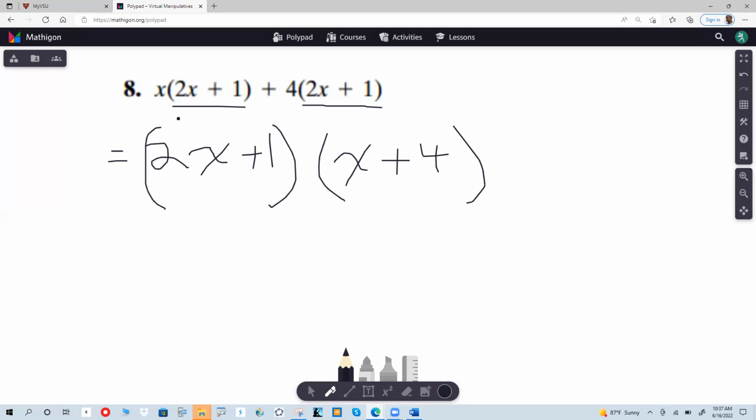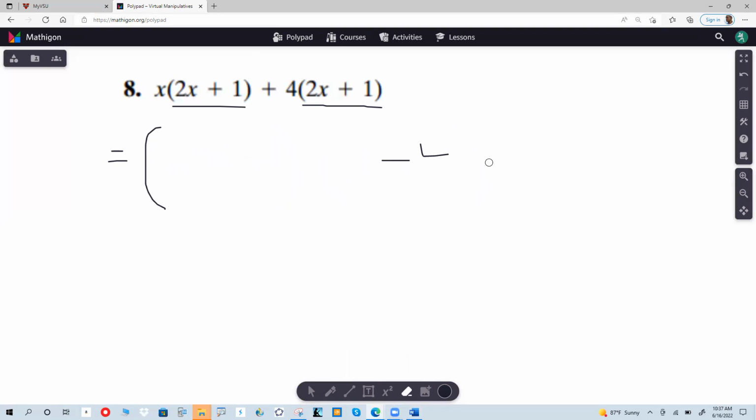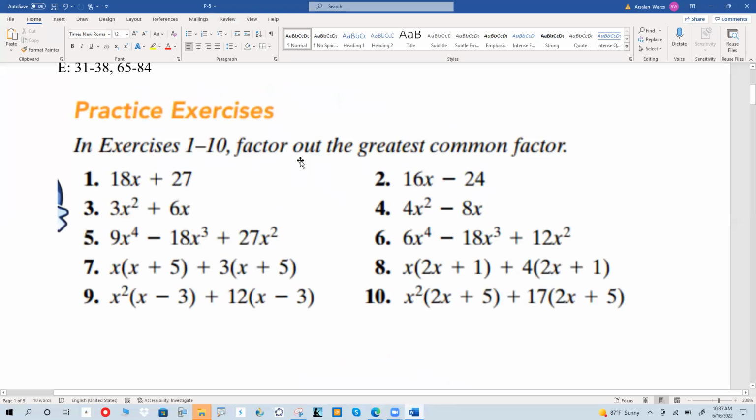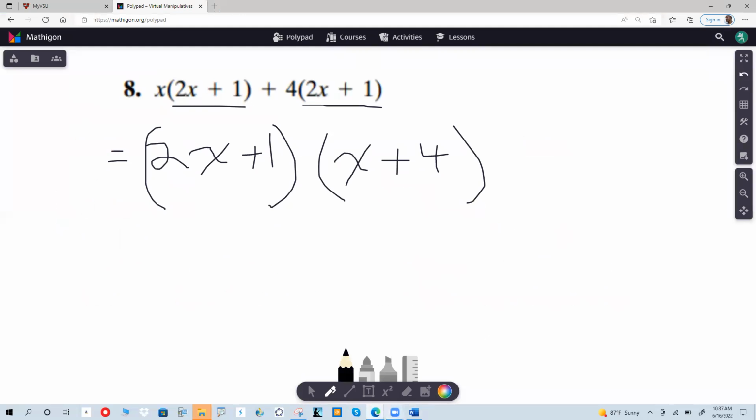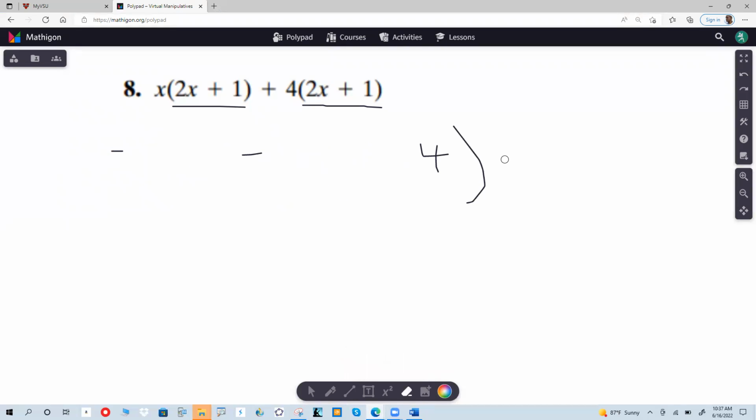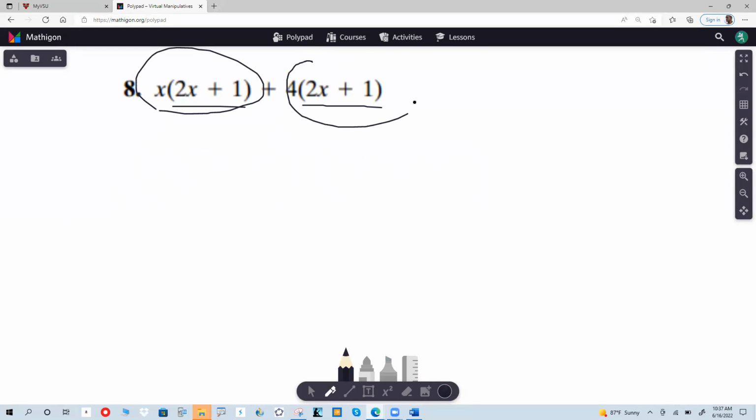And if you don't, wait, what did you do again? I pulled out, let's show you again. Okay. So what I did, if you read the question, it says, factor out the greatest common factor. If you really want me to break it down, the greatest common factor is the biggest thing that's common to this guy and this guy.